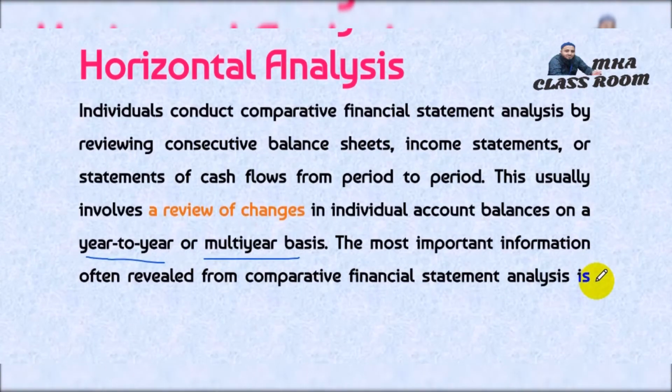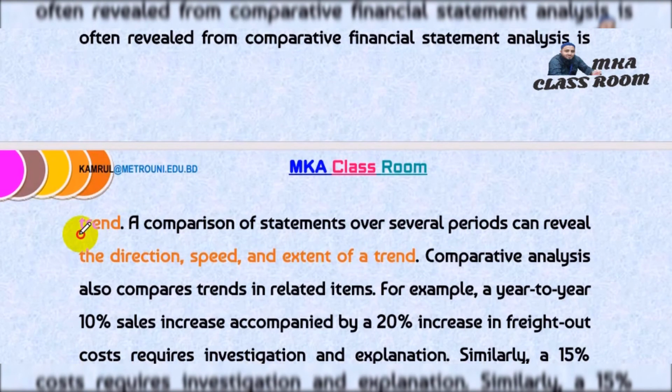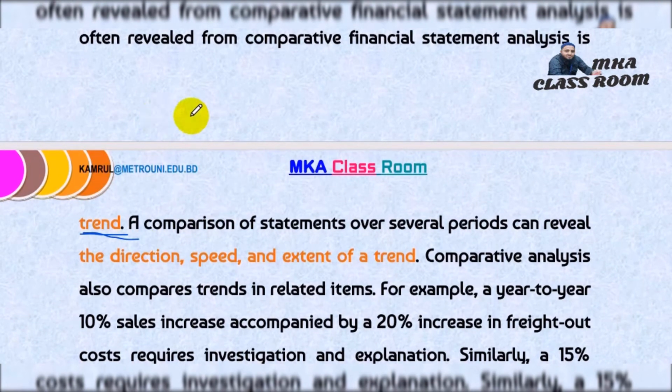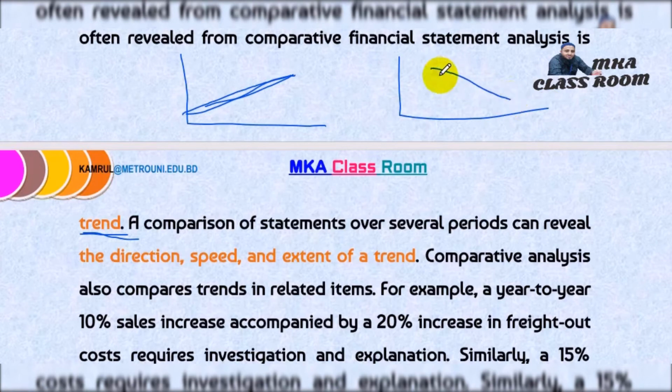The most important information often revealed from comparative financial statement analysis is trend. Trend means year to year what will happen. This is the trend, upward trend, or downward trend.